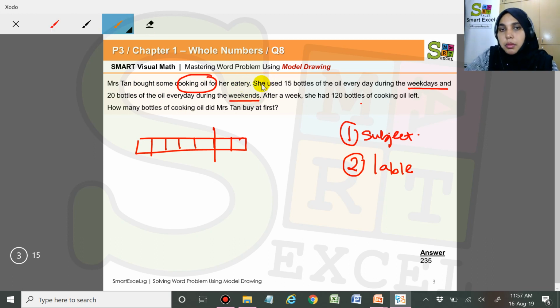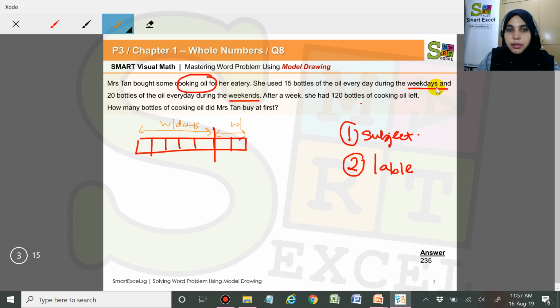And the next statement says that she used 15 bottles of cooking oil every day for the weekdays. So now we know that this part is your weekday, so something like this. Okay, and we do write abbreviations, we don't need to write a very long name. Okay, so that would save time.